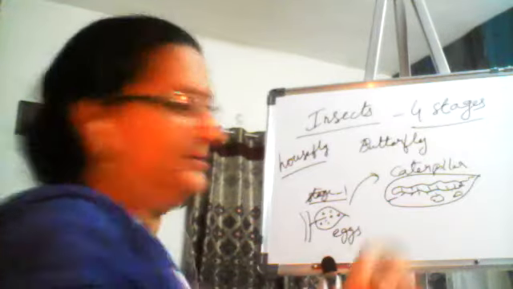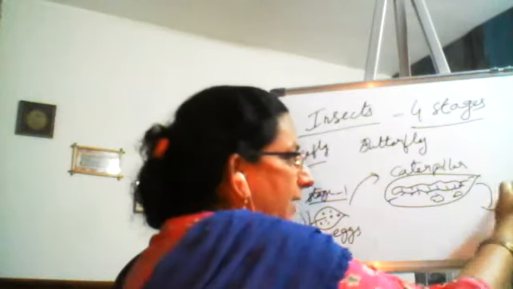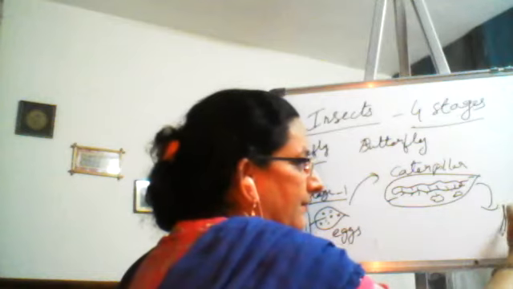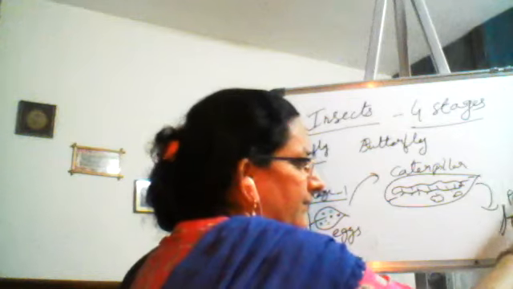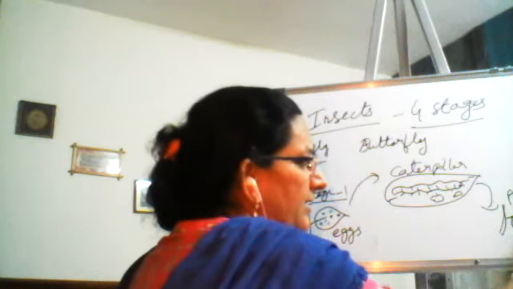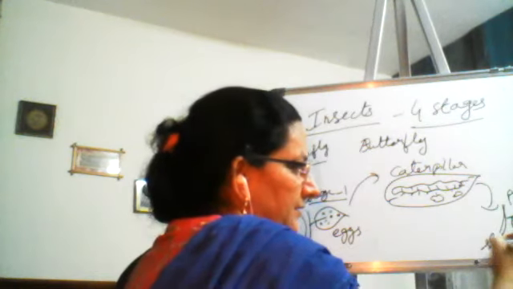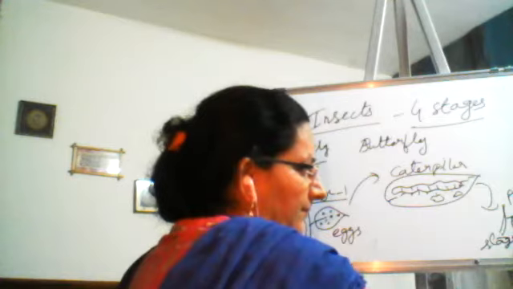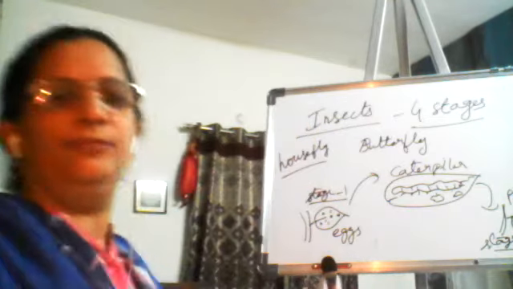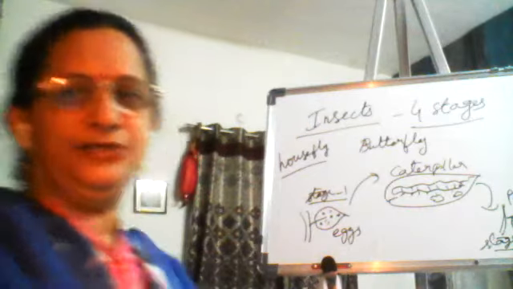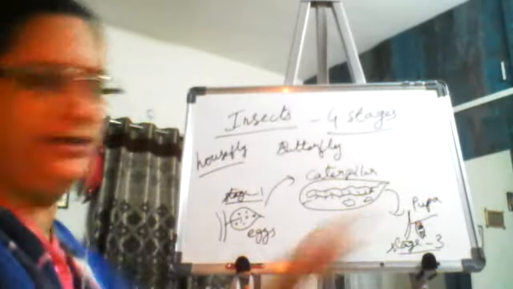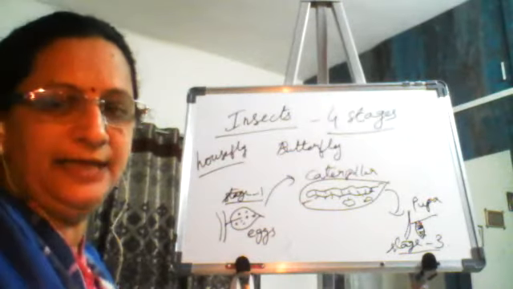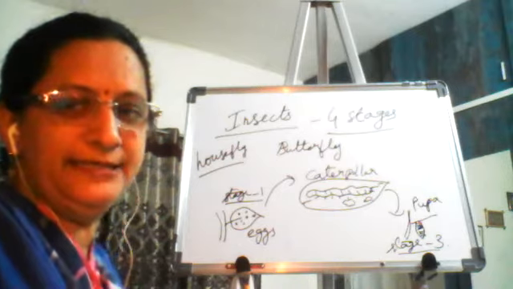Then it develops the pupa. This is the pupa stage. What is the stage number? Stage 3. Pupa is stage 3. And what is this structure where you can see inside the worm, the insect is developing?